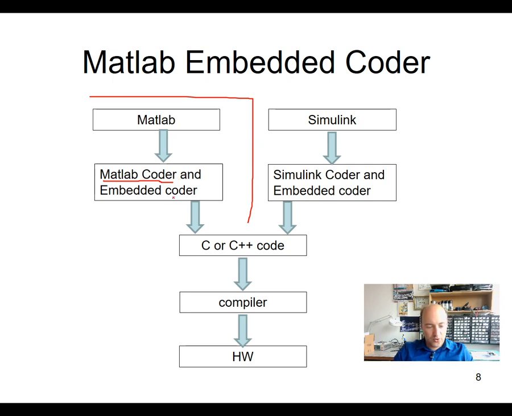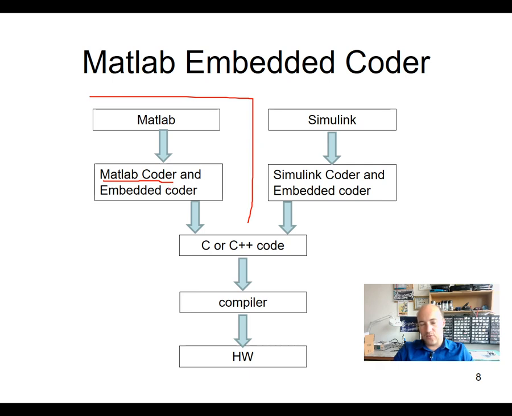Now if we want to create a code for an embedded device, for a microprocessor like we have on our development board, then we will use an embedded coder. So this will use a different tool, but in MATLAB it will still be the same.